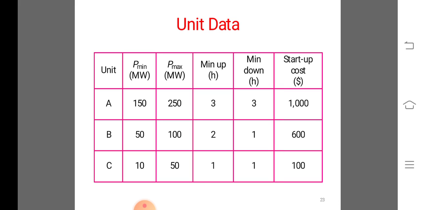Then it has some constraints. Those constraints are minimum uptime, minimum downtime, crew constraints, hydro constraints, fuel constraints also.